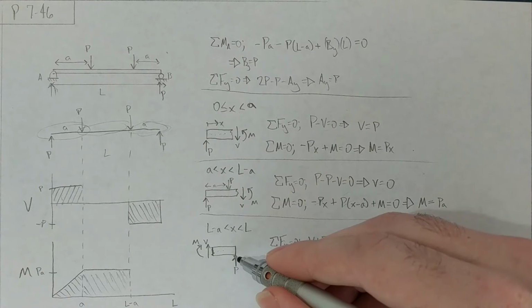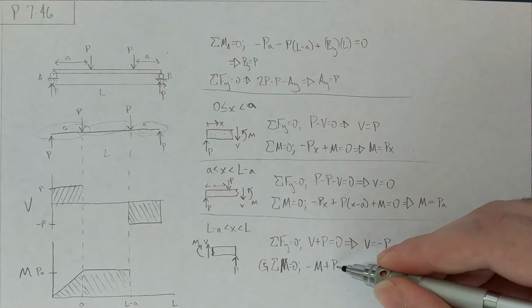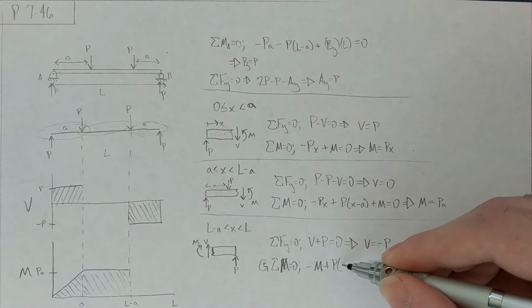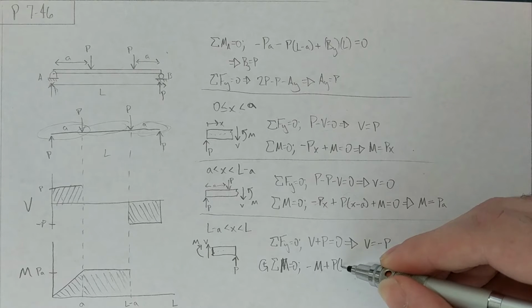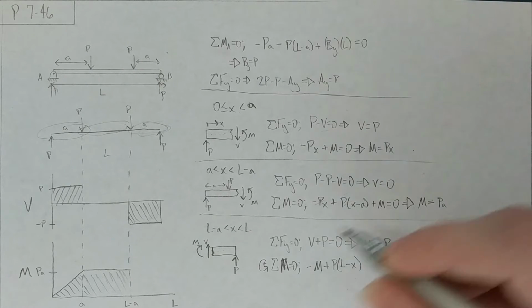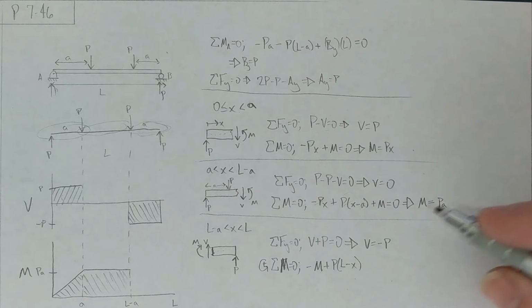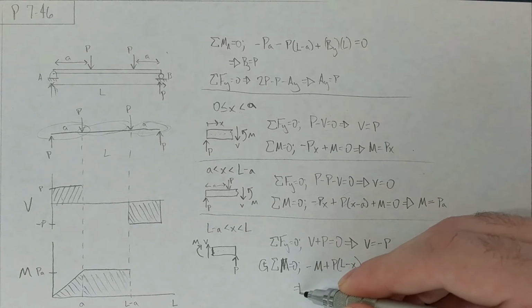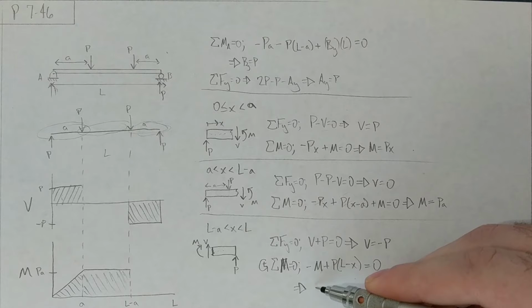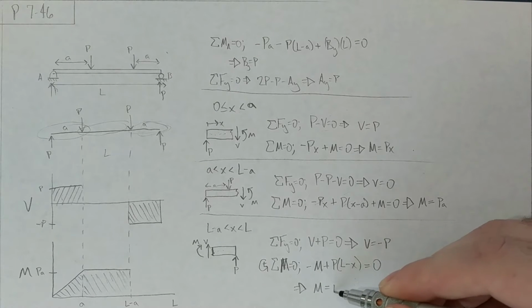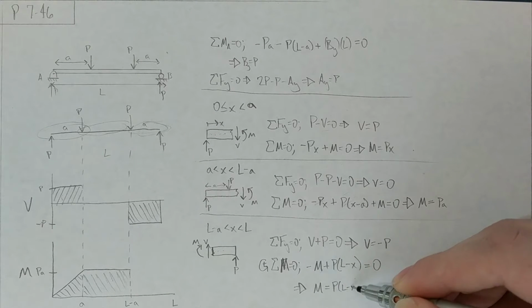plus P times L minus x, because this distance L minus x is how much that's contributing, equals 0. And what we get is M equals P times L minus x.